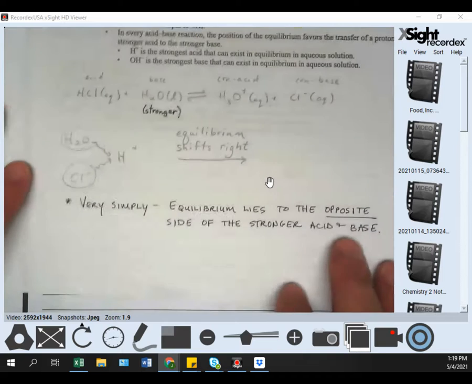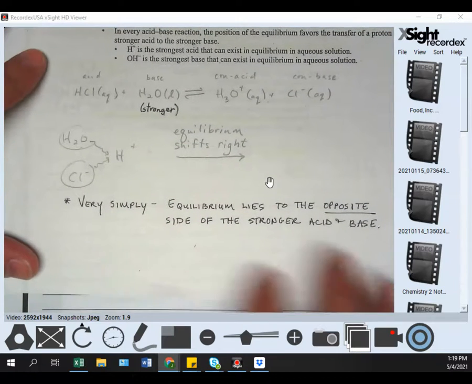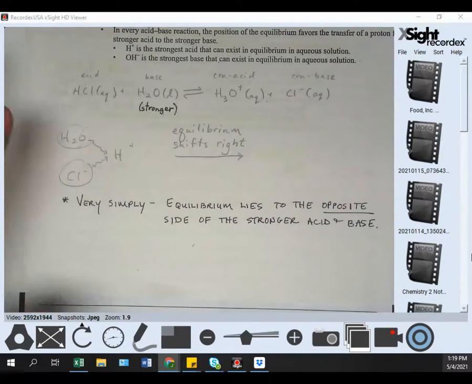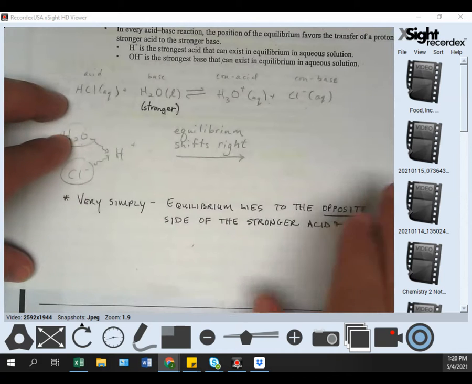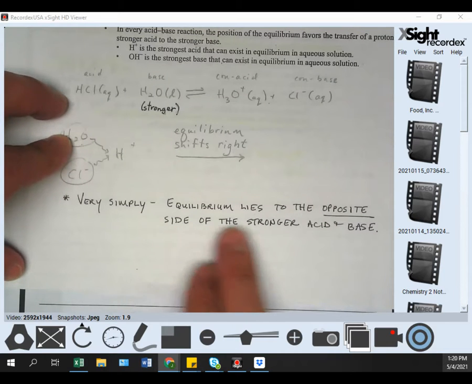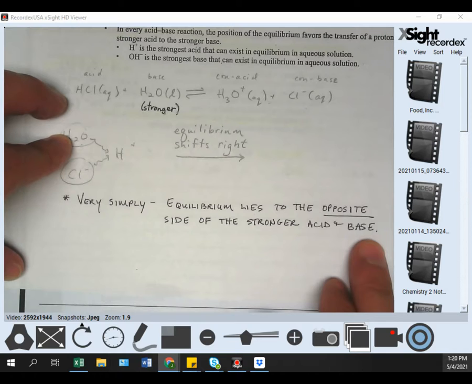Very simply, I boiled the concept down to this. It doesn't explain all the little nuances, but for what we're doing right now, this is totally enough. Very simply put, the equilibrium lies to the opposite side of the stronger acid and base.